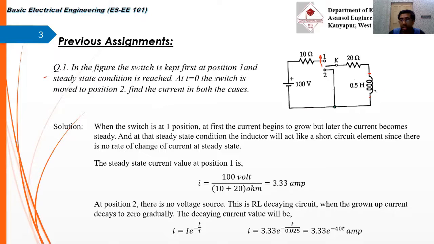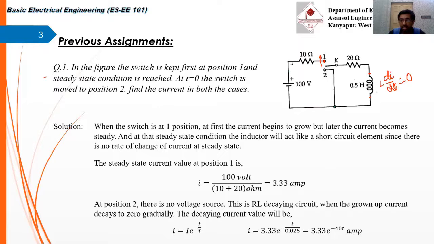Because at a longer time for this inductor, when it is connected at position 1, the L di/dt becomes 0, right? Because the rate of change of current for steady state condition is 0. So the voltage developed across the inductor is 0.